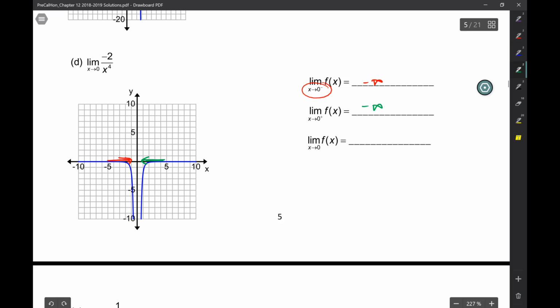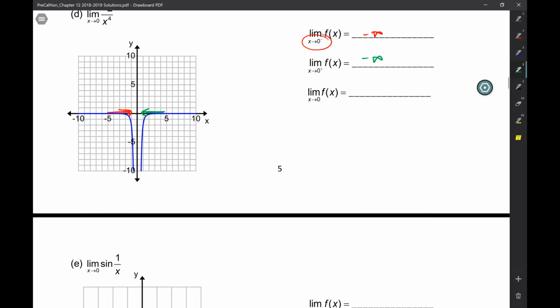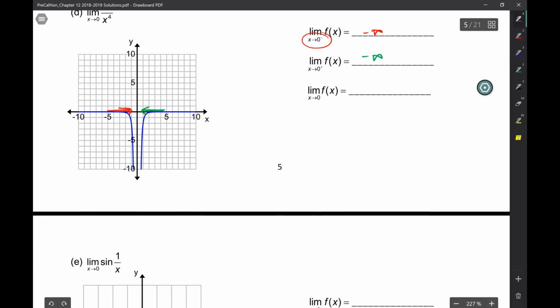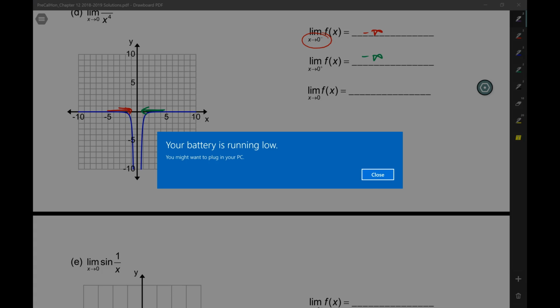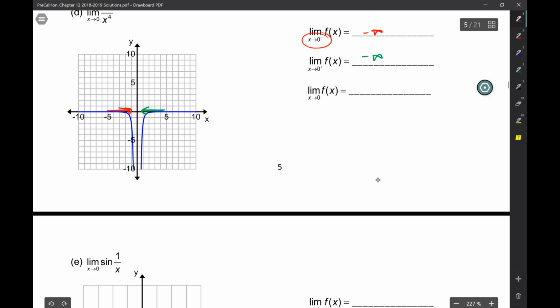Negative infinity. If those are the same, it's still negative infinity. Because they're the same, it's negative infinity.